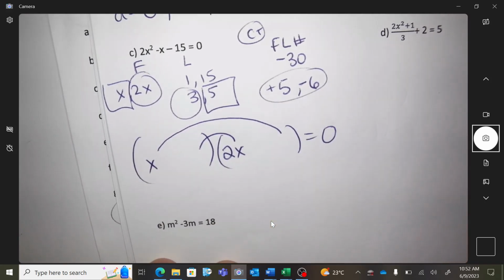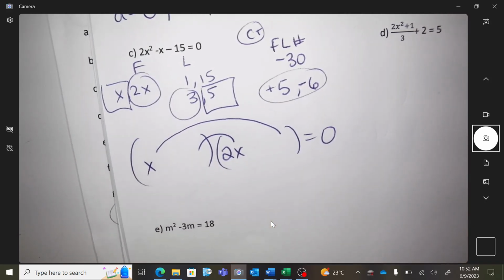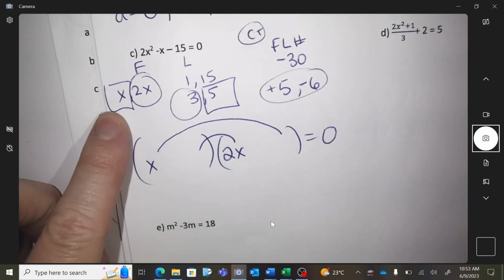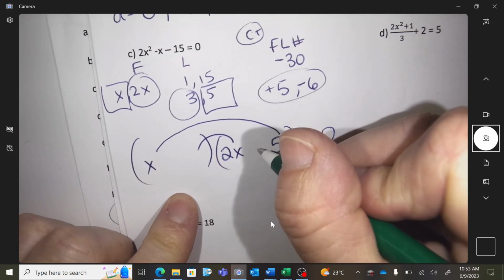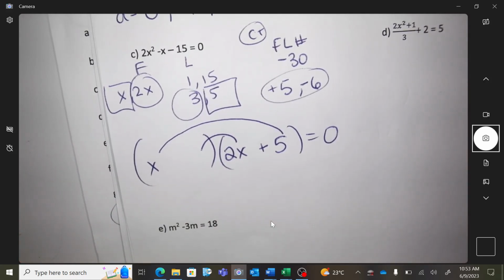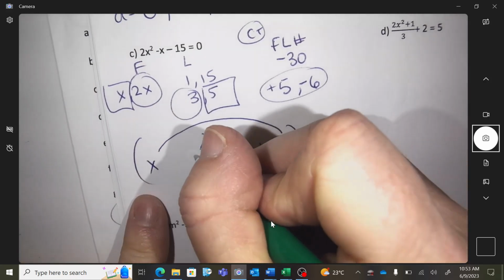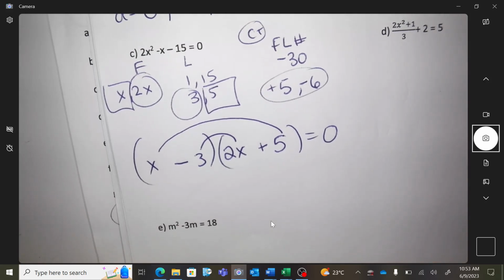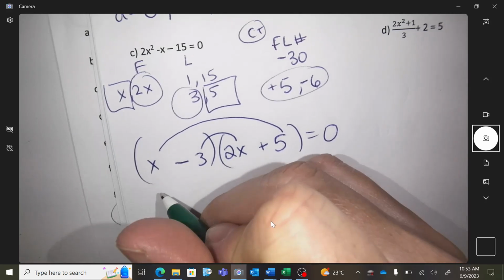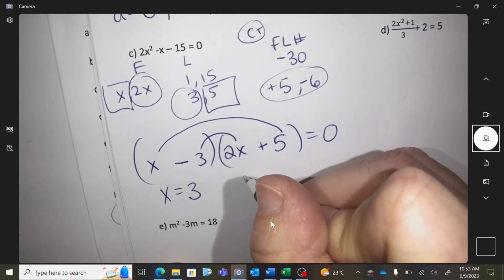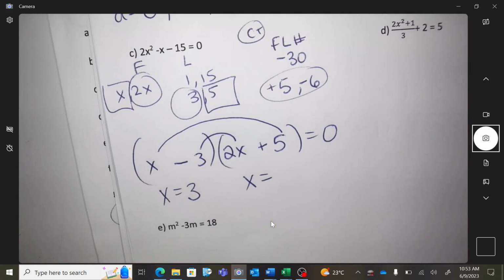Outside, inside. We already determined this. So we said we would put the x with a 5 plus. And then I had grouped a 2x to go with a 3 to make negative 6. x equals 3, x equals some fraction.